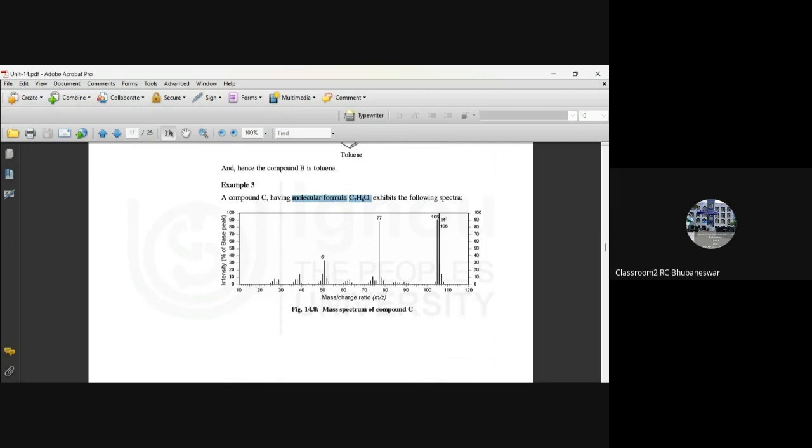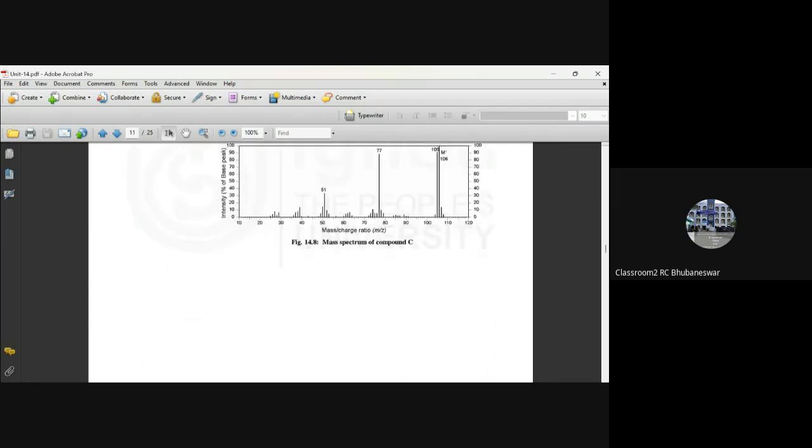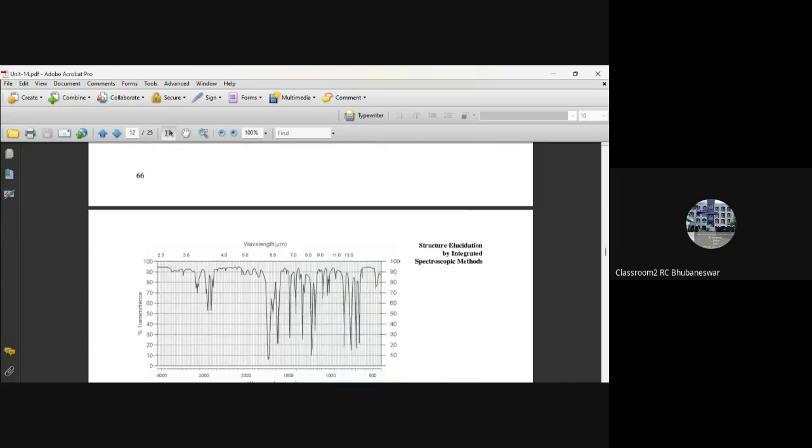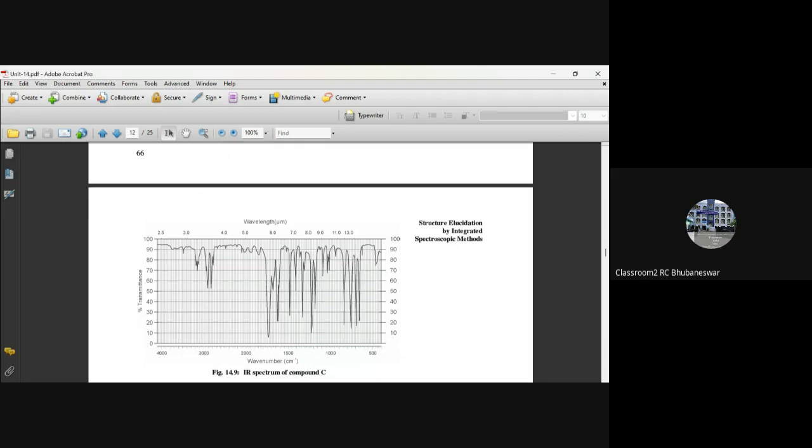From mass you will get some information, but you will not be clear unless you remember the frequency range, the wavenumber range of the functional group region in IR spectroscopy. That you must remember. That part is very important while doing structural elucidation.